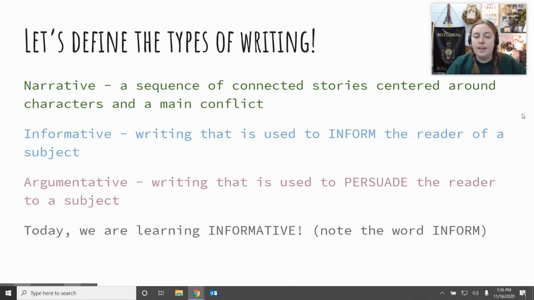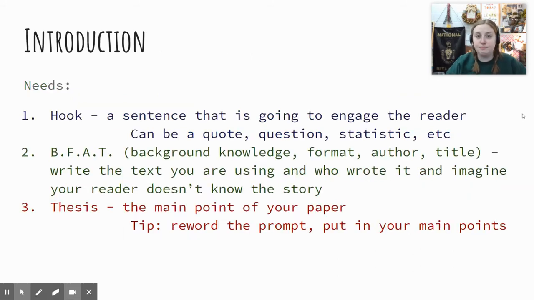In the blue, it says informative is writing that is used to inform the reader on a subject. So this is you just giving information to whoever's reading your essay. Argumentative is when you're trying to persuade your reader over something that is considered biased. So should cell phones be allowed in school? That's considered argumentative. Today we will be learning informative.